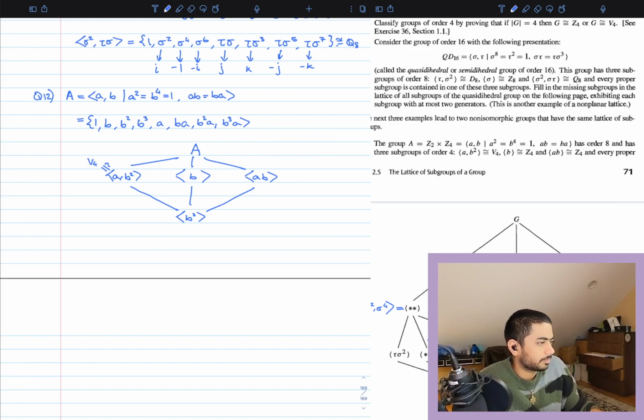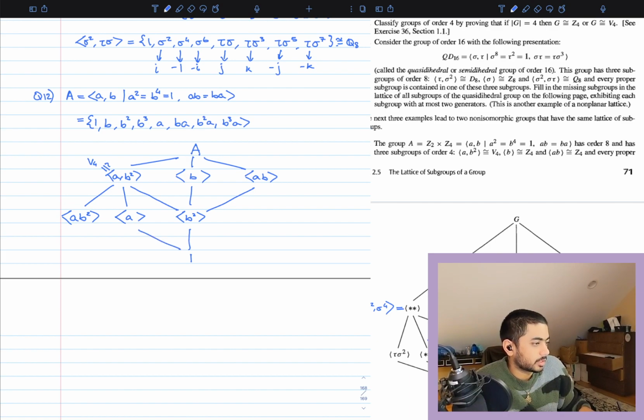Okay, what else? We've got the group generated by A. So we can leave that one over here. And then there's one more generated by AB squared. Down here is the trivial group.